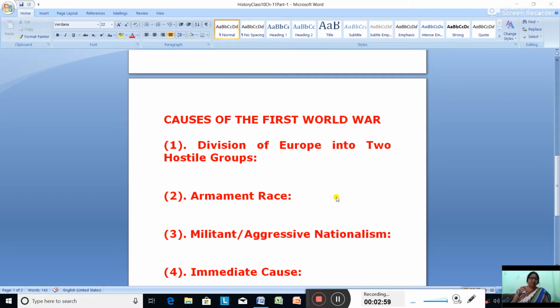At the same time, he himself formed a dual alliance with Austria in 1879. Later in 1882, Italy joined and it was converted into a Triple Alliance. As long as Bismarck was alive, by his diplomacy, he did not allow any country to make friendship with France.